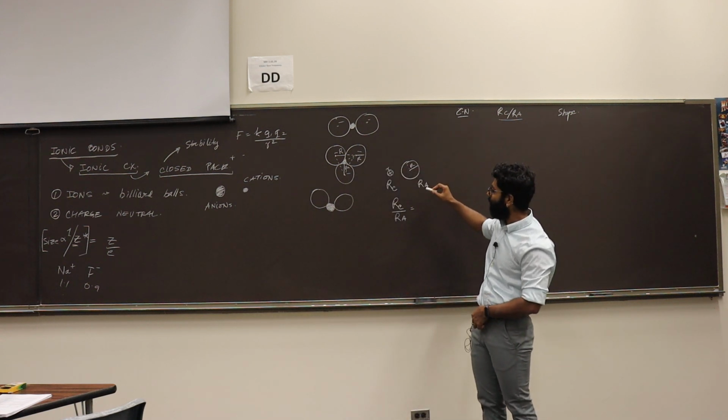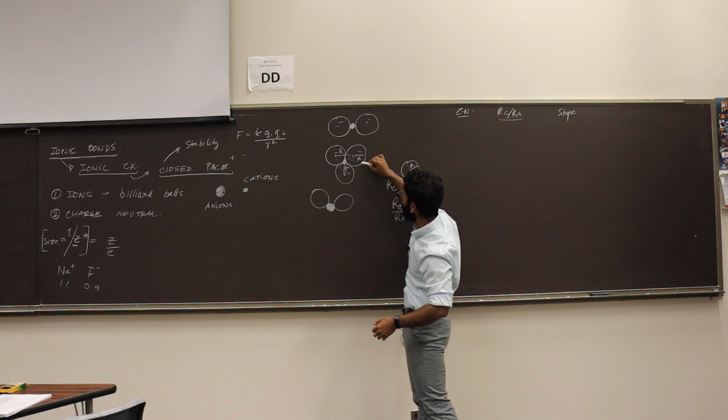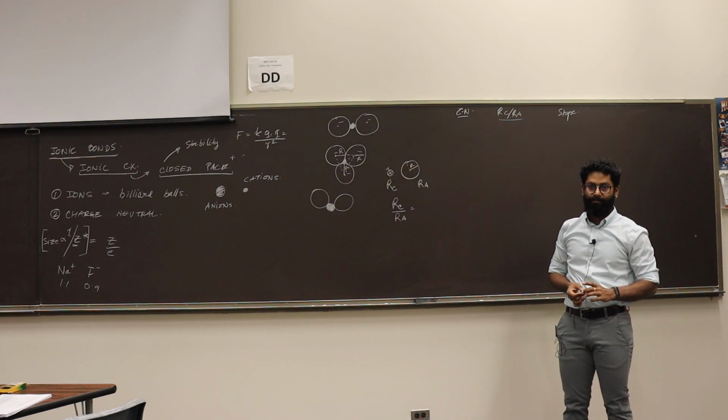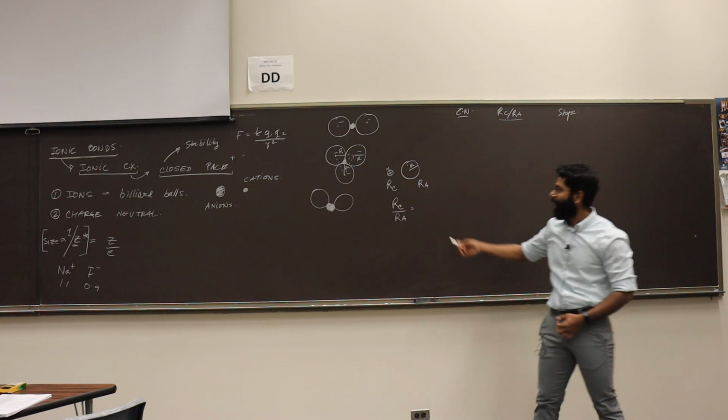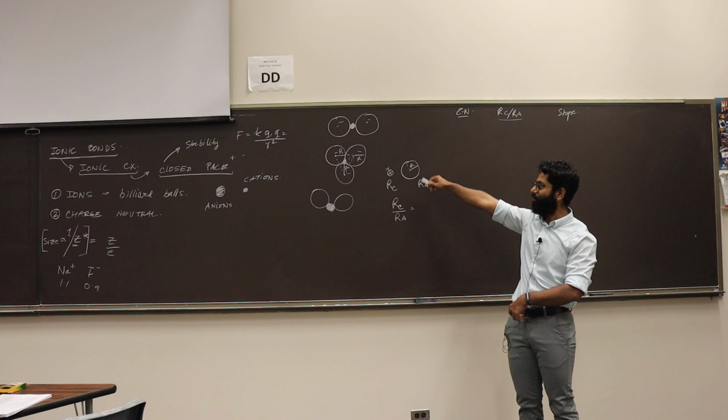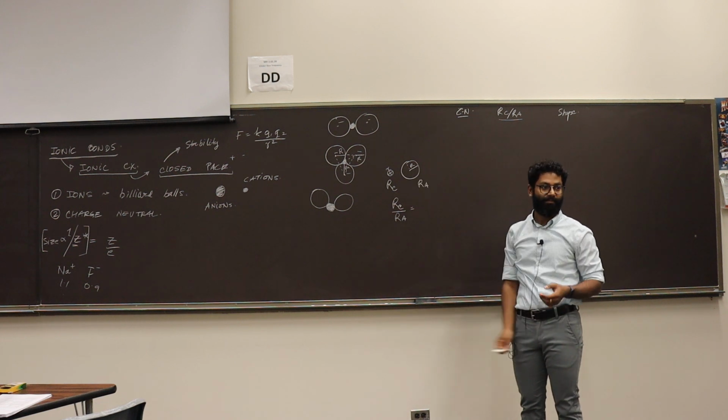So when is the radius ratio more, here or here? Where is the cation smaller? In the linear or in the trigonal?